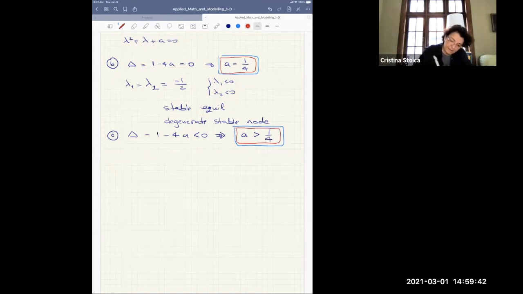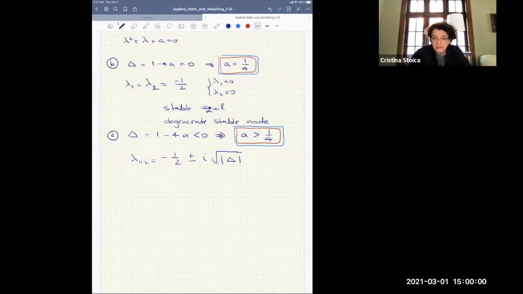In this case, lambda 1, 2 is minus 1 over 2 plus minus i root of the absolute value of delta, or minus delta.